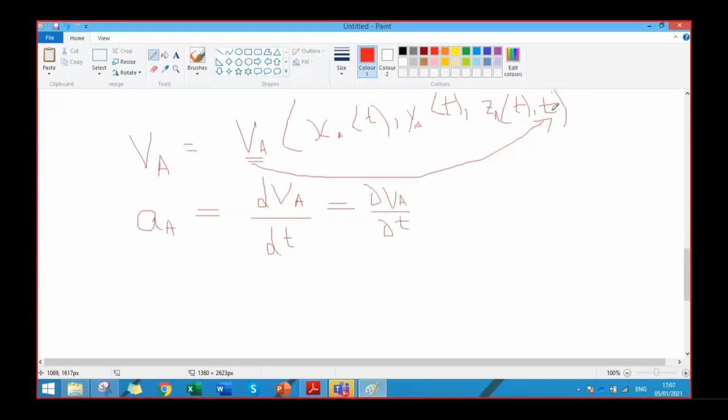Then we have to write partial V_A by partial X_A, because this velocity depends on X_A, and this X again depends on time, so we have to write its derivative, partial X_A by partial T. Clear?